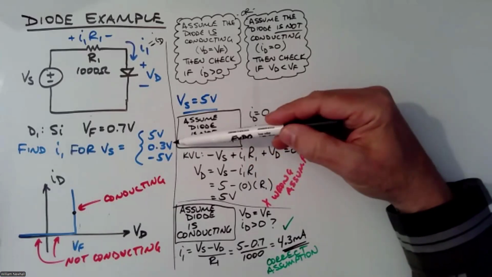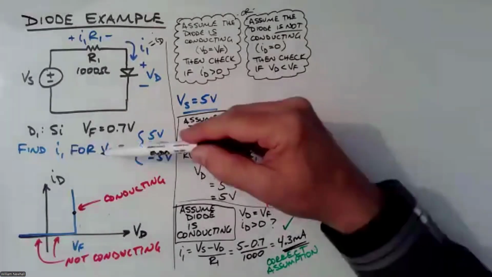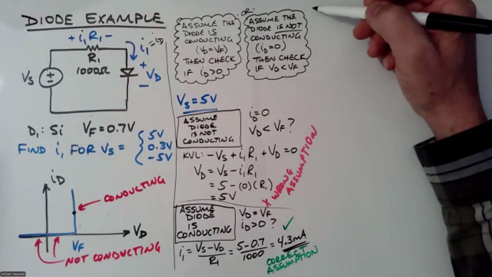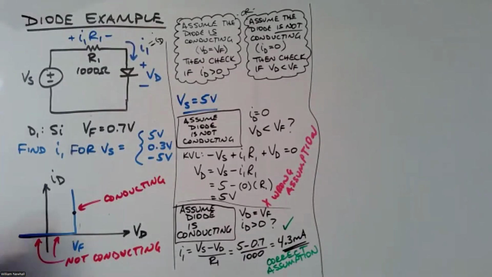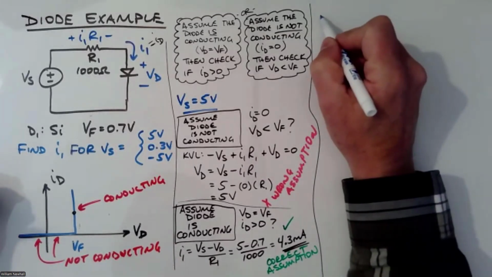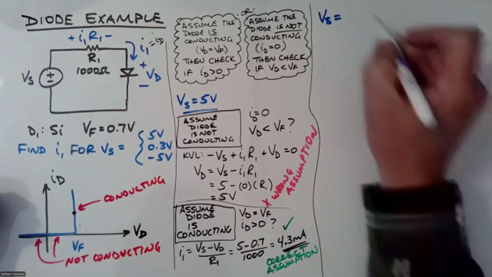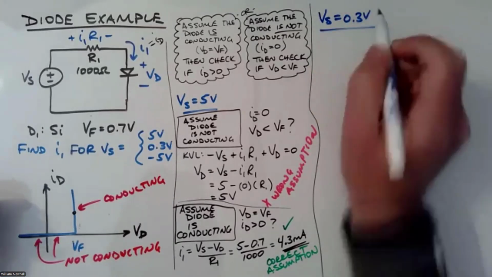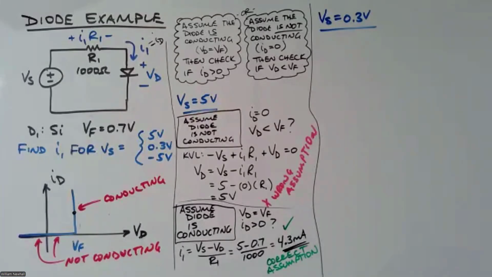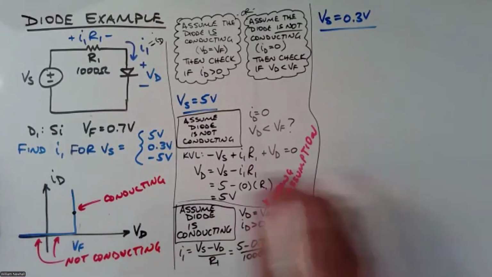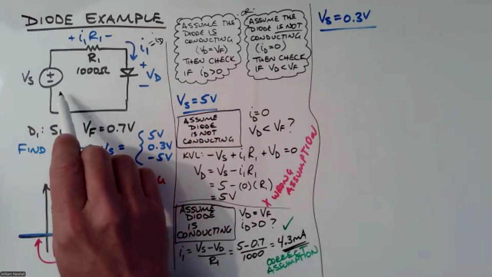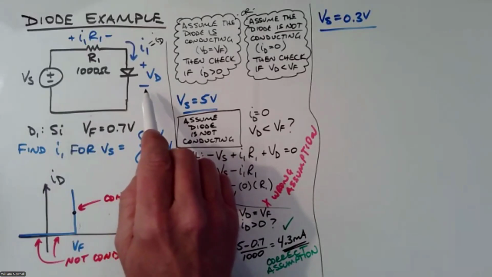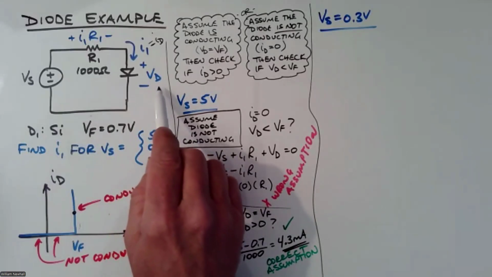Right? So let's work the case for VS equals 0.3 volts. Let me draw a line here. Now I think if VS is 0.3 volts, then there's no way I'm going to get 0.7 volts across the diode.